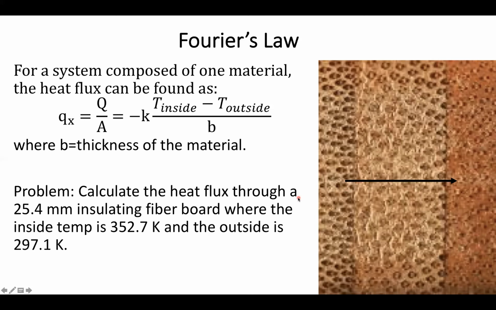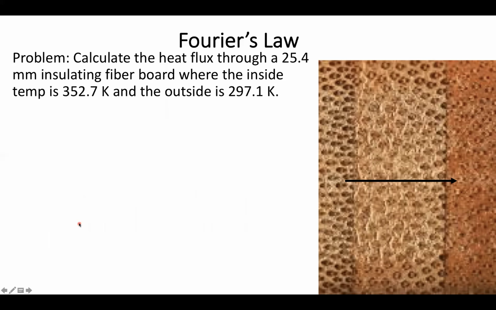So let's calculate the heat flux through a 25.44 millimeter insulating fiberboard, which is a typical thickness, going from an inside temperature, say a warm system of around 250 to 2.7 Kelvin. So this is about 70 degrees Celsius, and an outside temperature at about room temp. So I'm going from an inside heated box to a typical outside temperature.